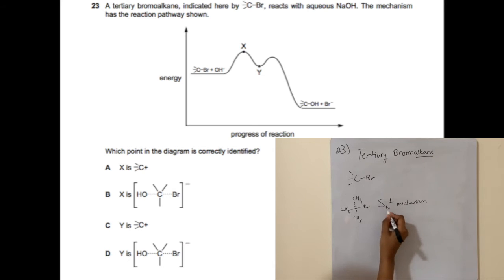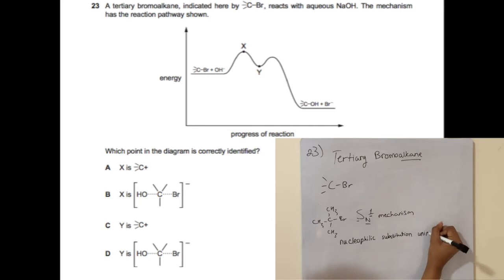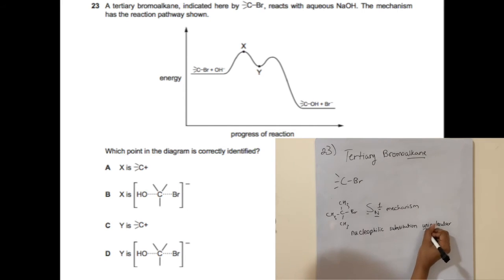So the N is nucleophilic, S is substitution, and 1 stands for unimolecular. Uni means 1, right? So there's 1 molecule reacting at a time. So that means that there's more than 1 step. That's how you know that there is more than 1 step with an SN1 mechanism.